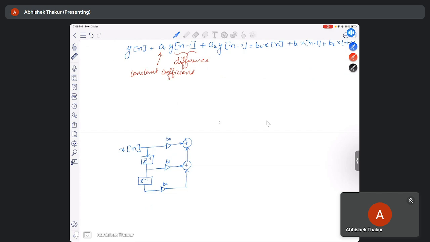Now the same thing we will represent for y of n. This is our output y of n. Now the first difference, that is y of n minus 1. What is the coefficient of this? That is a1.